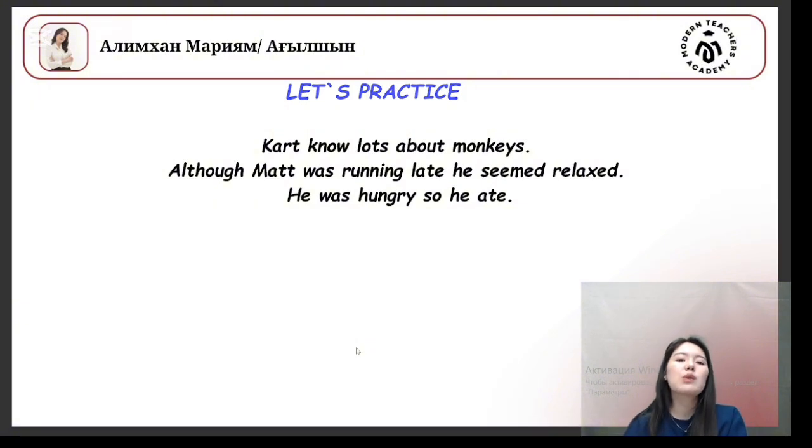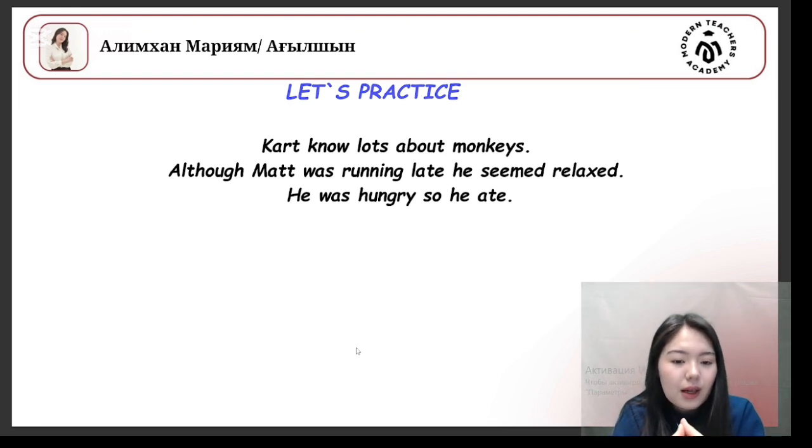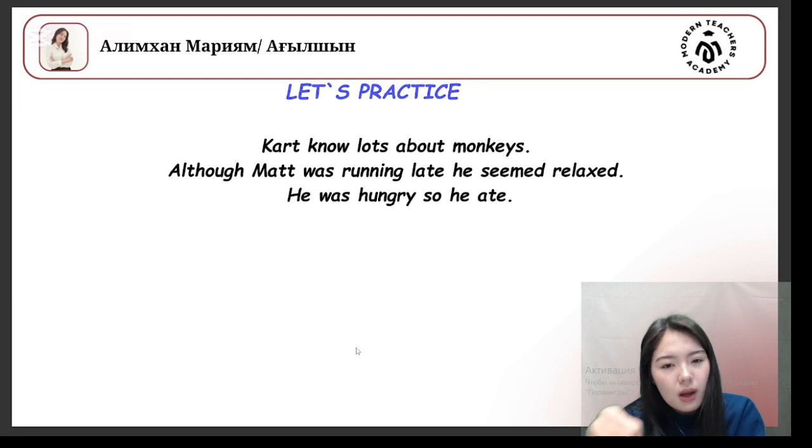Although Matt was running late, it's a dependent clause. If we omit the second clause, he seemed relaxed, the first clause cannot stand alone, and it's a dependent clause because it does not have a completed thought, a completed meaning. Although Matt was running late, we want something. The sentence wants something, some information, some words.